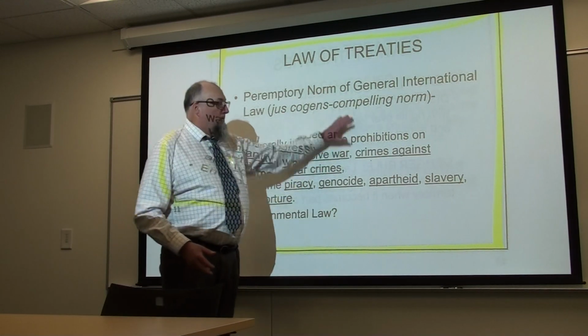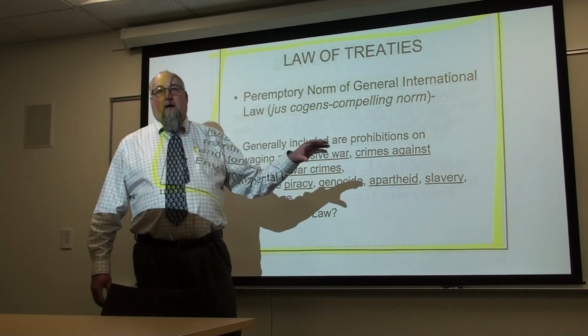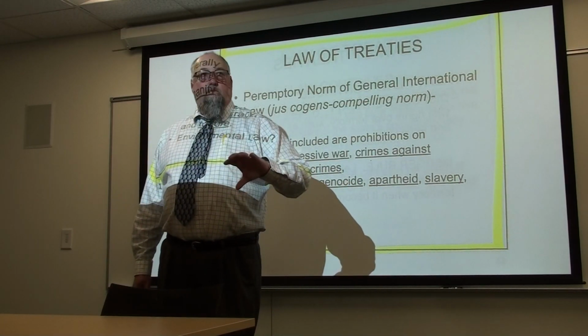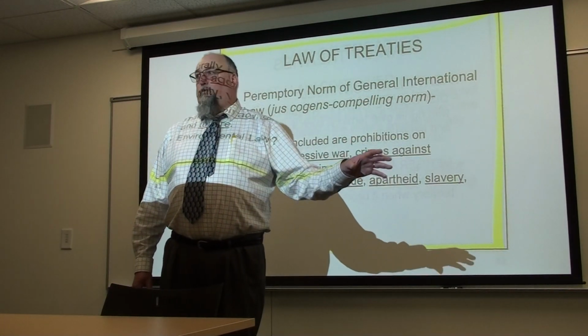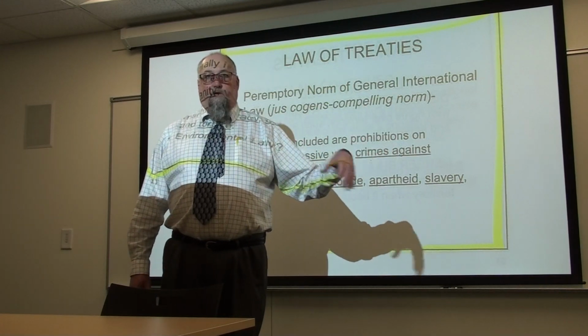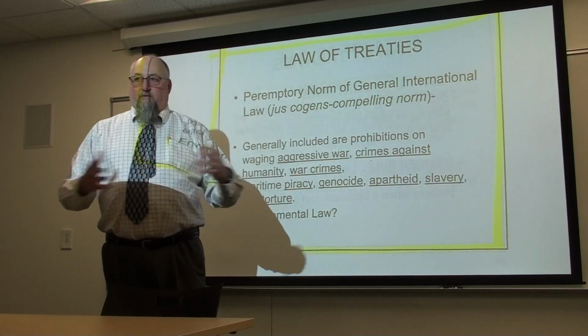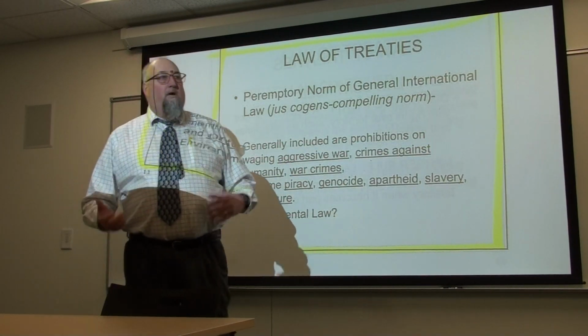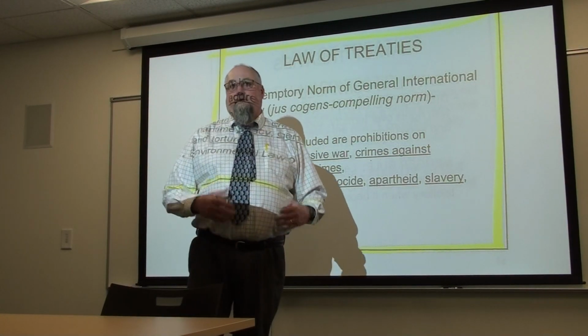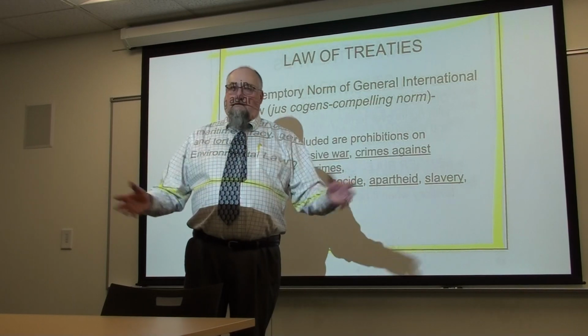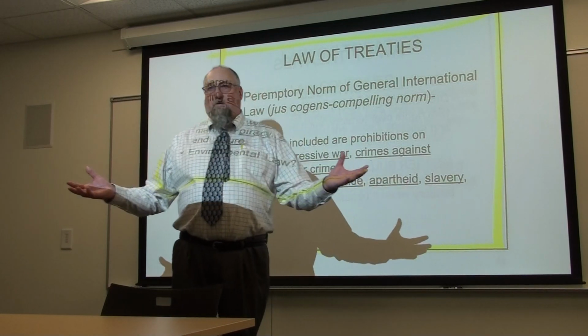Now, a lot of this, of course, came out of World War I and World War II. Chemical weapons in World War I, mustard gas, etc., were horrible weapons that everybody agreed should not be used. Of course, World War II with genocide, and then going on through today.